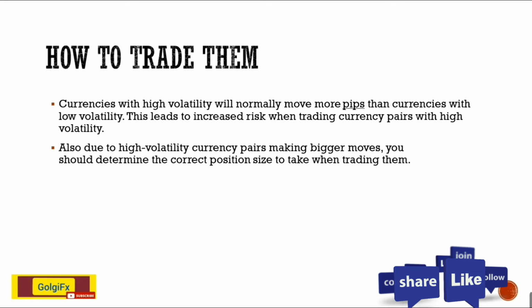You have to understand your risk and calculate it, and also understand these pairs are highly volatile, so they move faster. Traders, these are some of the things you have to take note of when trading these currency pairs. You have to understand the two different kinds of currency pairs, the ones which are more volatile and the ones which are more liquid, and look at your risk management, your position size and your trading strategy, and go with it.